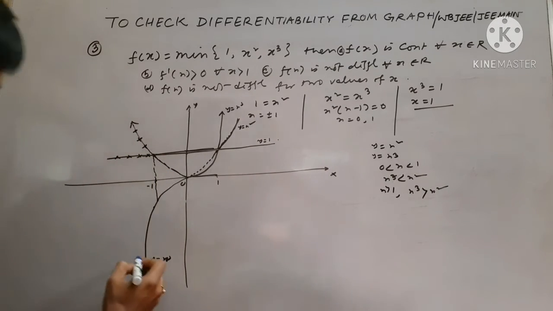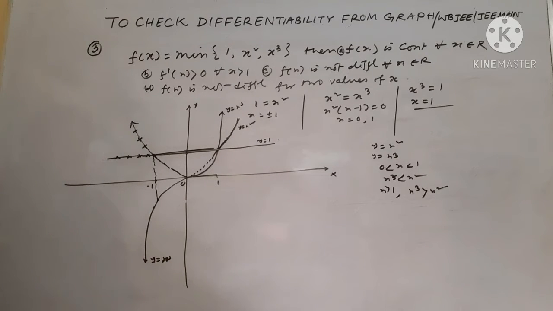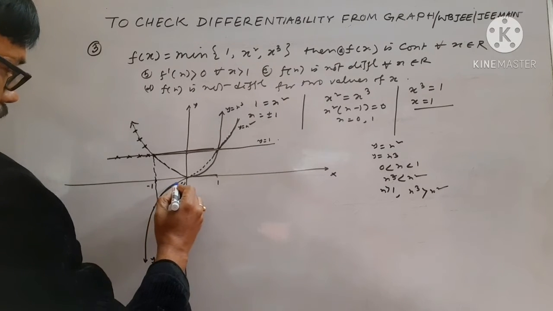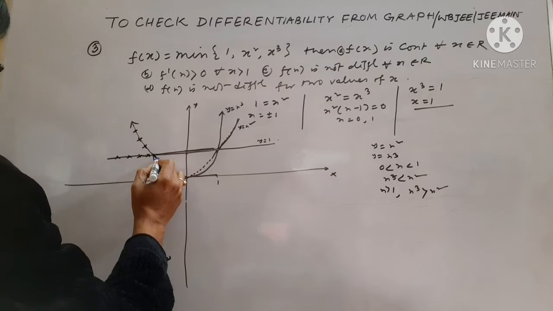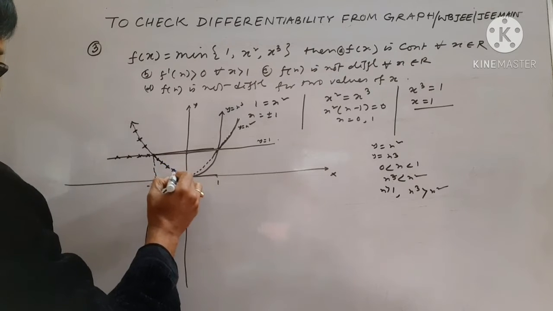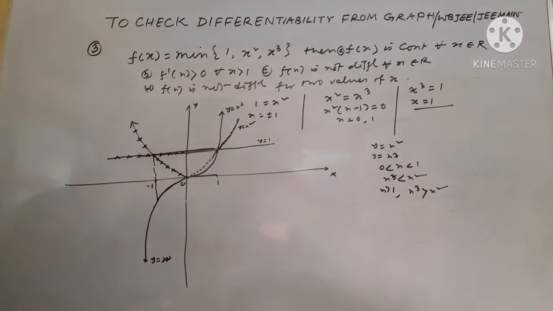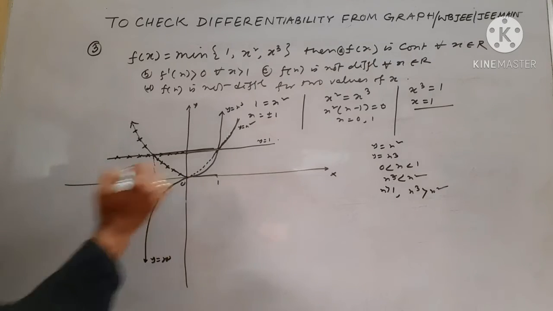So we are getting this one. In 0 to 1, if it is minimum, so this one is minimum. So this part is cancelled out. So this part is cancelled out. So we are getting only this part.